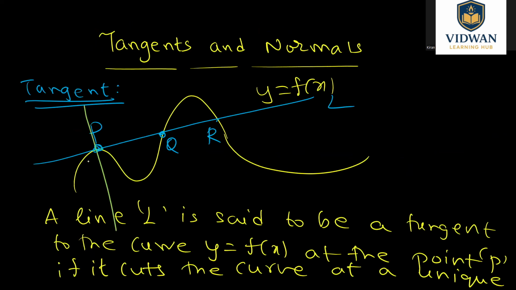This line, drawn perpendicular to the tangent at P, is said to be the normal at P, and this line L is the tangent at P.